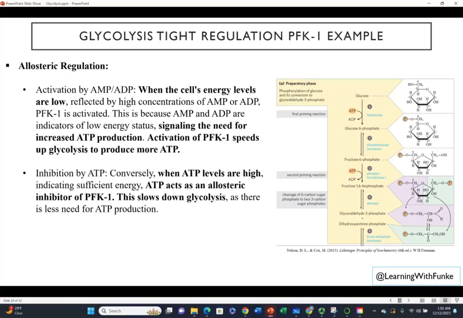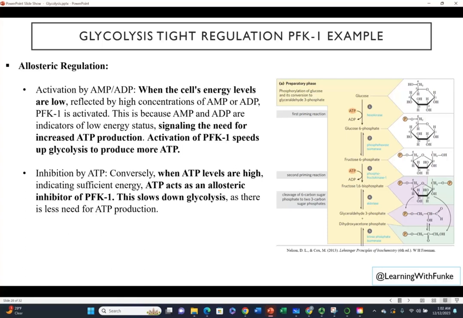And so for glycolysis regulation, here's a typical example. I use PFK1, of course there is more than one, but this is just a key example. For allosteric regulation, one thing we can consider is activation by AMP or ADP. When the cell's energy levels are low, you would see high concentrations of AMP or ADP or low concentrations of ATP.